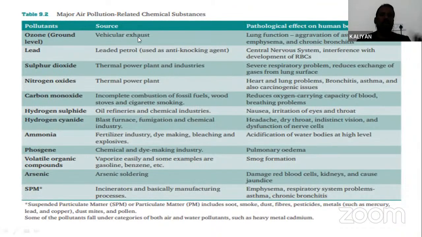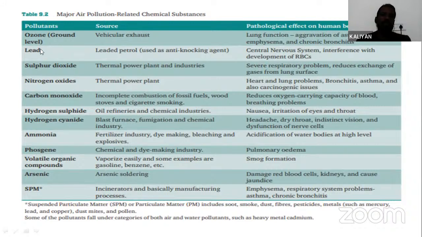Ozone, where its sources, and sulfur dioxide from thermal power plants and industries, and nitrogen oxide from thermal power plants. So the question will come, what is the source for the sulfur dioxide pollutant. They will give thermal power plant, industry, vehicle or some other sources, and we need to choose the correct answer.